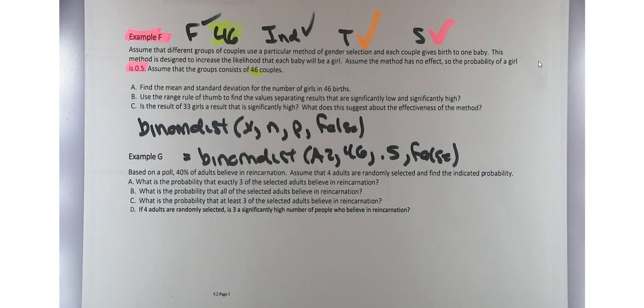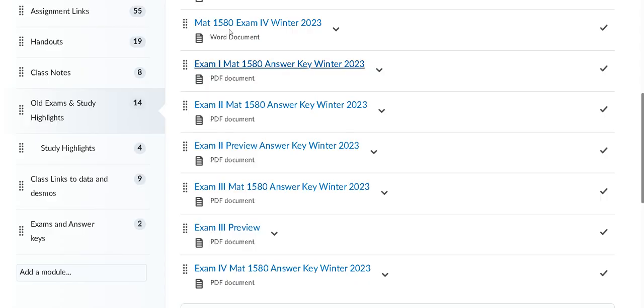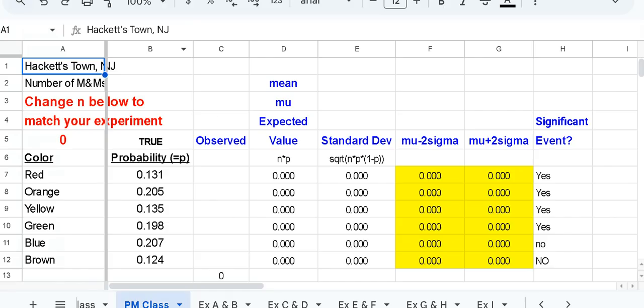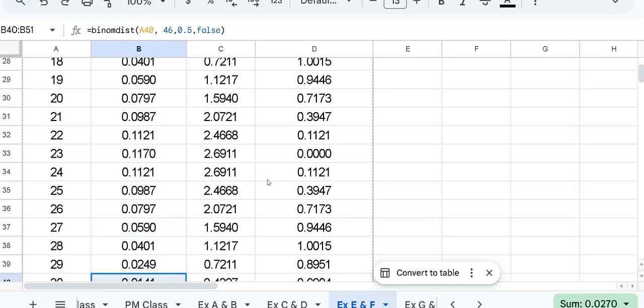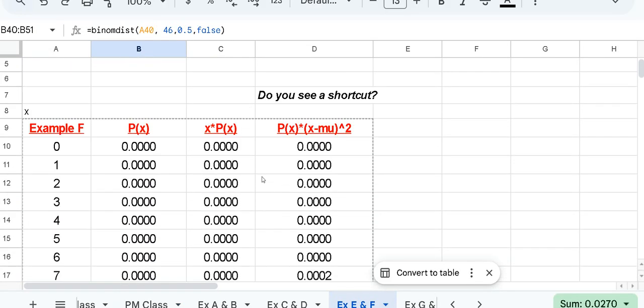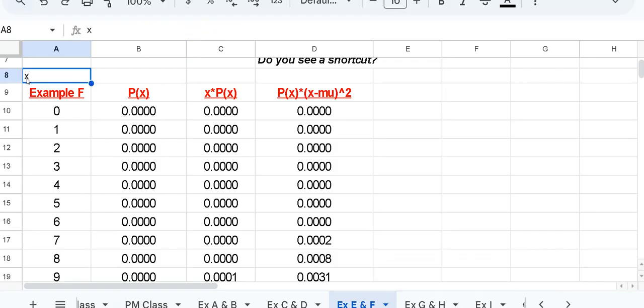Let's open up section 5.2 link. And let's see, down over here. So here I go. Here's example F. This is the number of successes, that is the number of girls that we're getting. So I call that my variable x in this case.